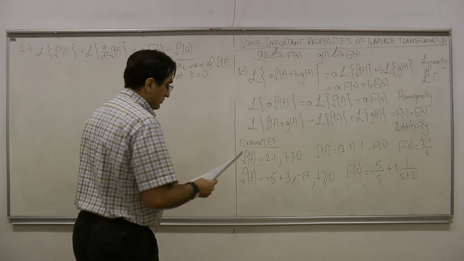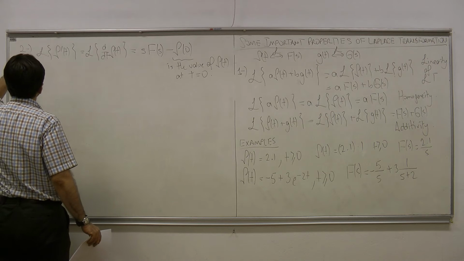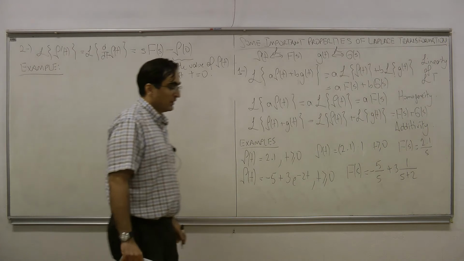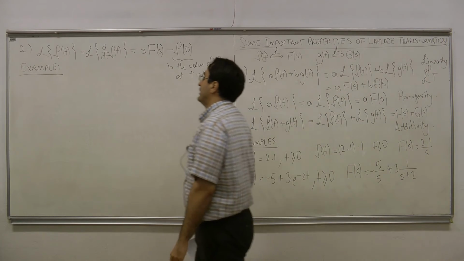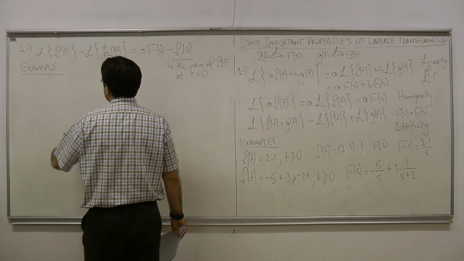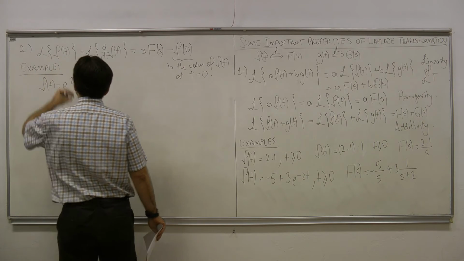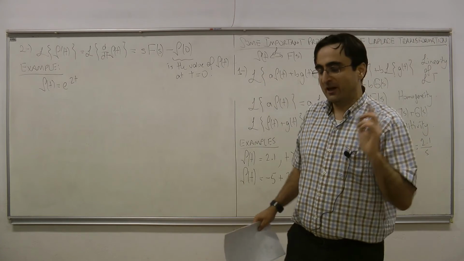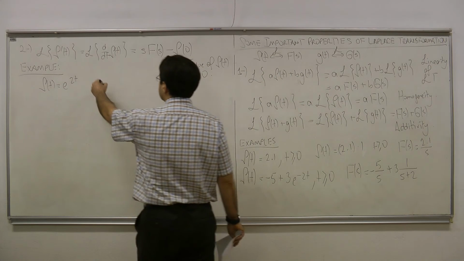So let us look at an example. The first example that I'm going to solve is going to be very, very easy. Let us say that f of t is equal to e to the 2t. Then we have already seen what the Laplace transformation of this is.